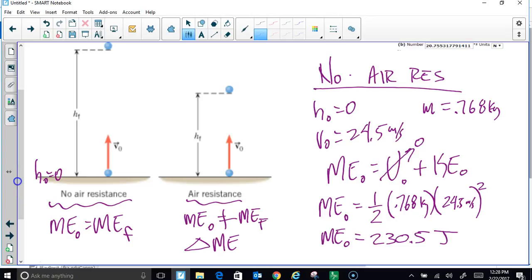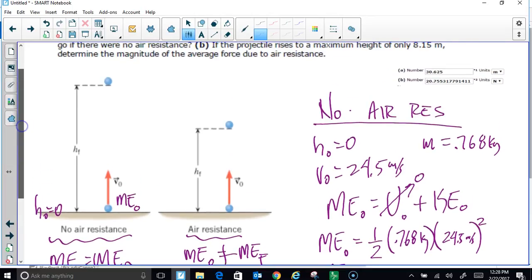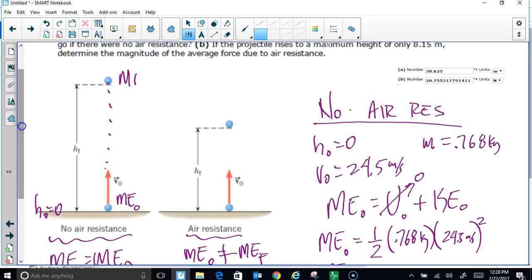Now, for that first situation though, whatever the mechanical energy is here at the start is the mechanical energy anywhere along this path, including up here where they're concerned about at its highest point. But it would be the same mechanical energy here as here, doesn't matter where, if there's no air resistance.